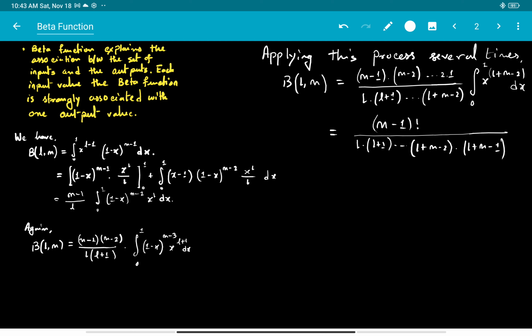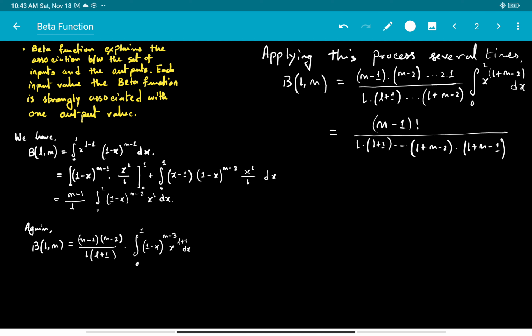Actually, it's not exact. I'm not saying that this will be exact; it will be compressing out, it will be decaying or something like that. You can intuitively say that it will go like this.